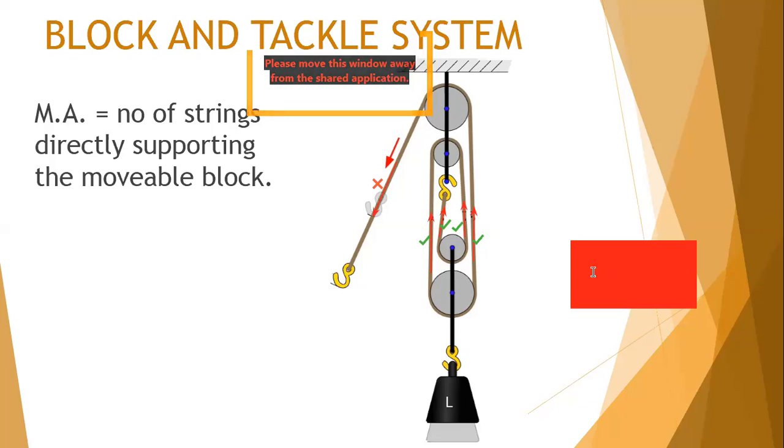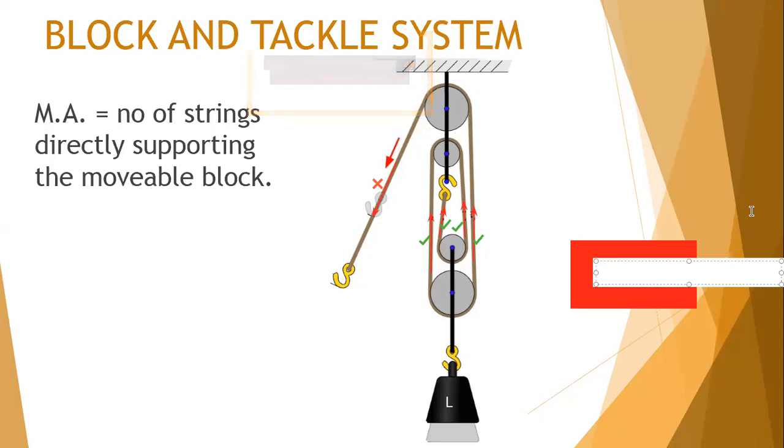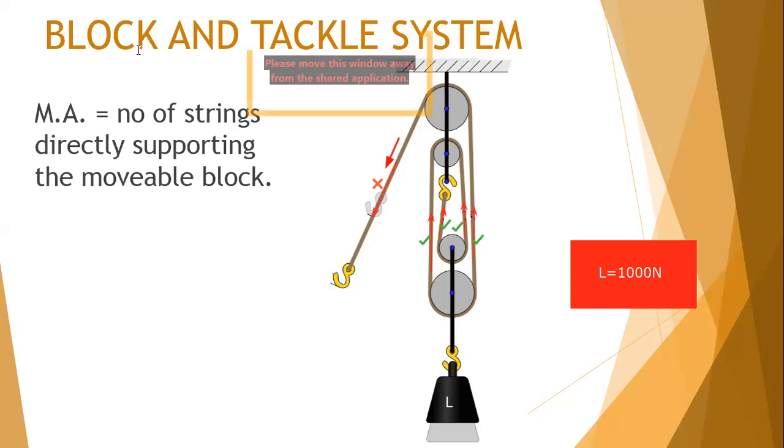Assume this is the load. How much is this load? This load is equal to 1000 Newton. Now, if I alone try to lift it, will I succeed? No. Why? Because I cannot exert a force of 1000 Newton.